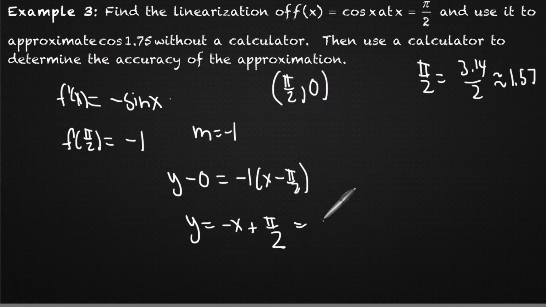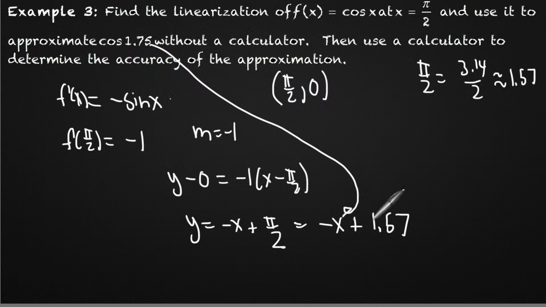And maybe we'll write it again as negative x plus 1.57. And that way, whenever we plug 1.75 into here, we will get negative 1.75 plus 1.57, which is going to be negative 0.18.